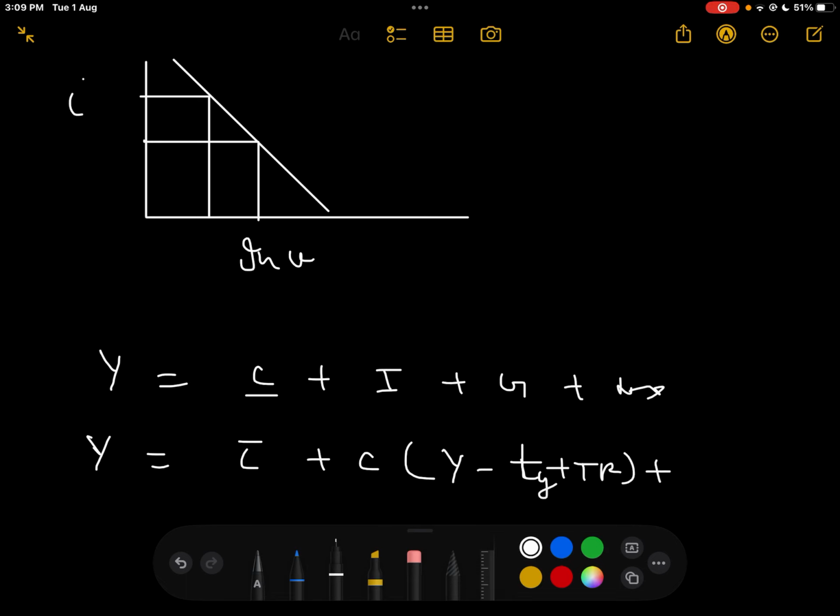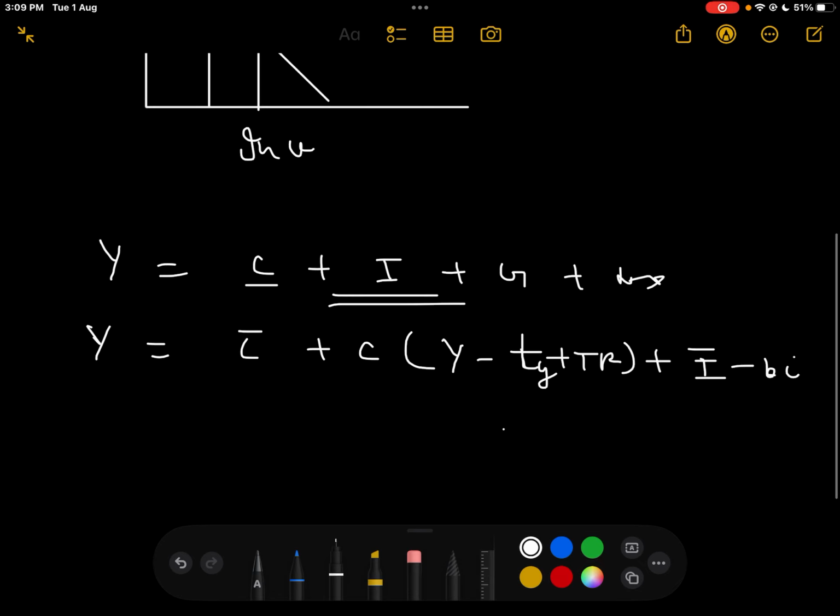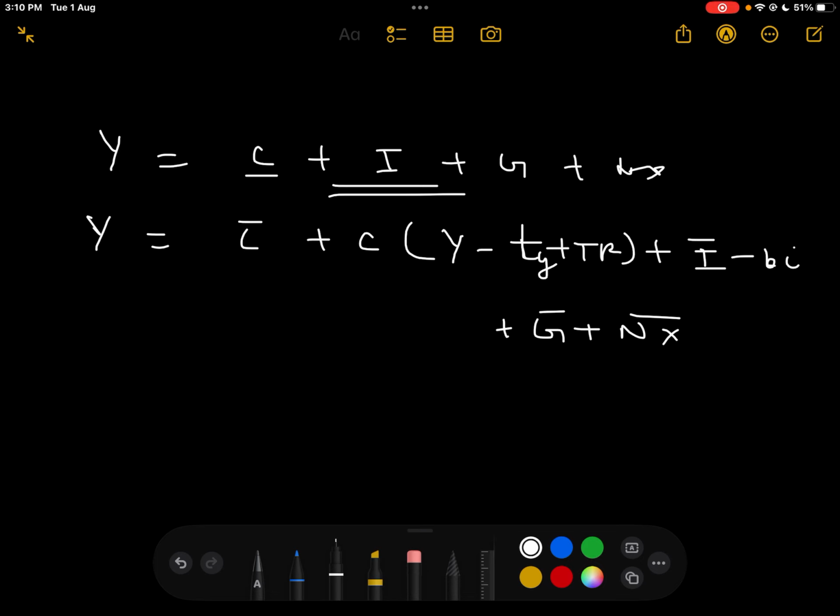Fine. Then now our I will change here. See, this is the catch here. Our I will change to I bar minus bi, plus G plus NX. All these terms are autonomous.